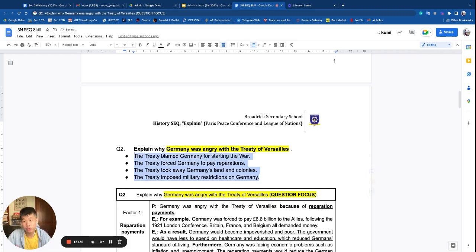So these are 4 answers, as it were, 4 ideas you could have, and these are what we would call factors. So the factors are basically the answers you have to the question.